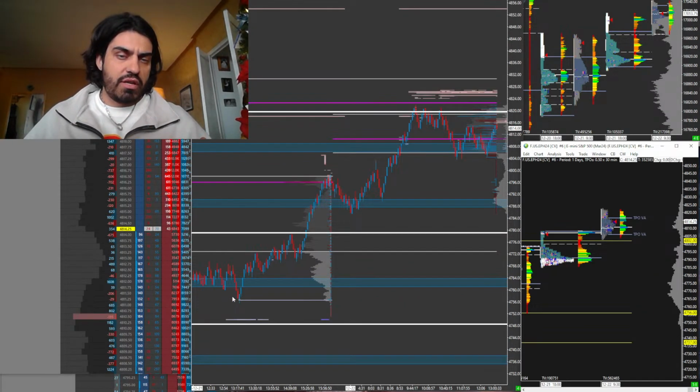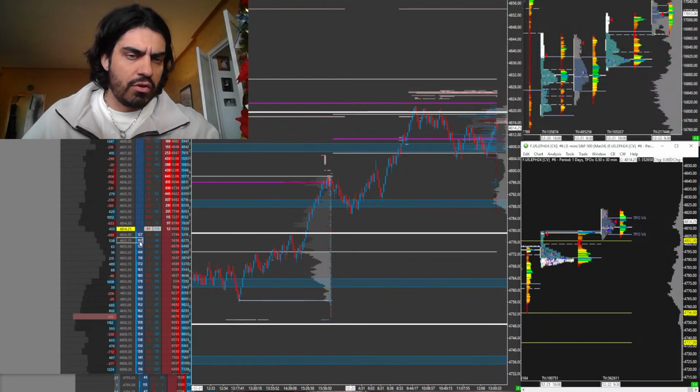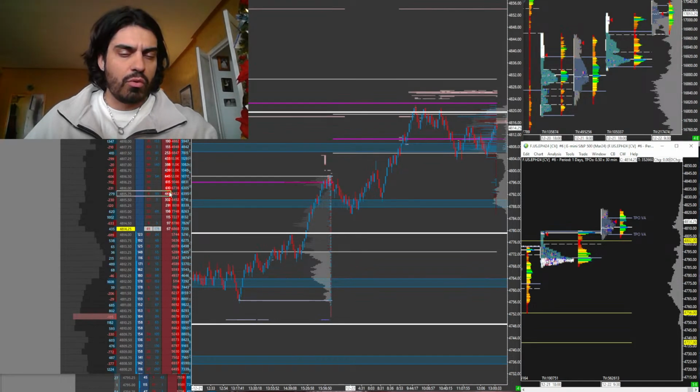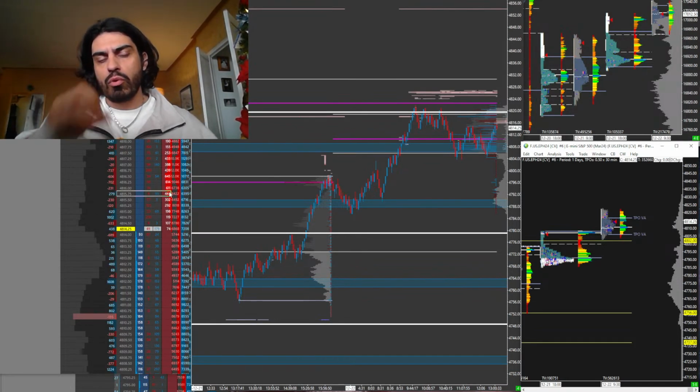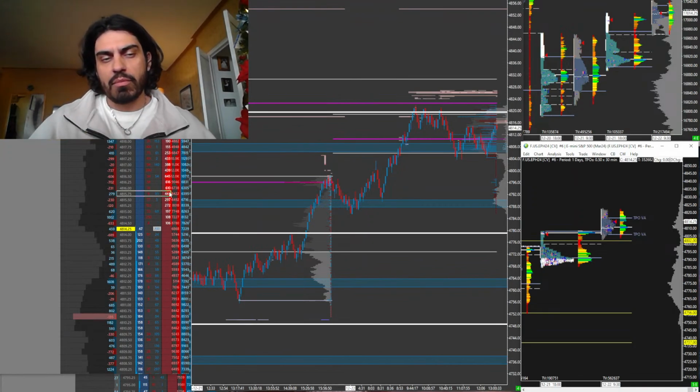What happened down there at this 56 is very similar to what I'm explaining here. A lot of sellers come in at market, and a lot of resting passive orders were getting thrown in on the offer, and when they go market buy, they kept absorbing them.